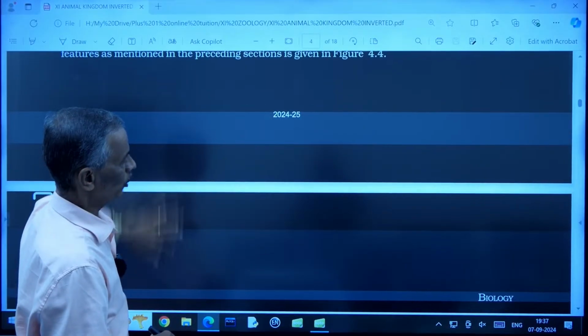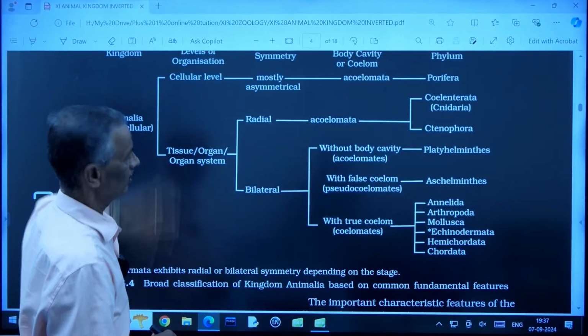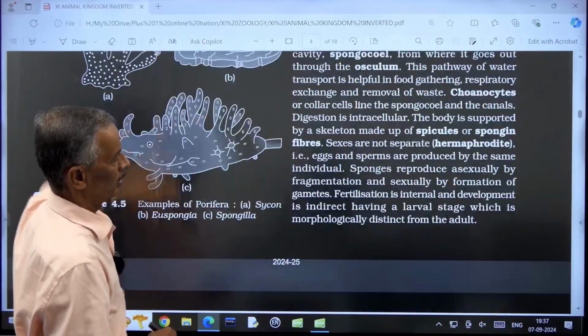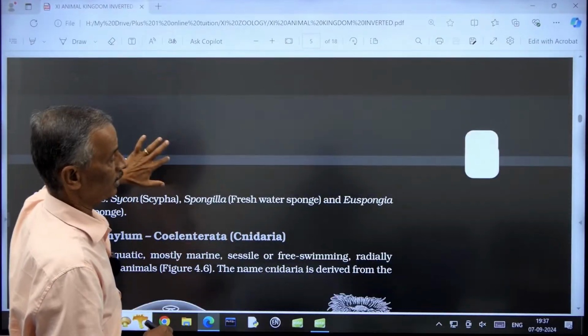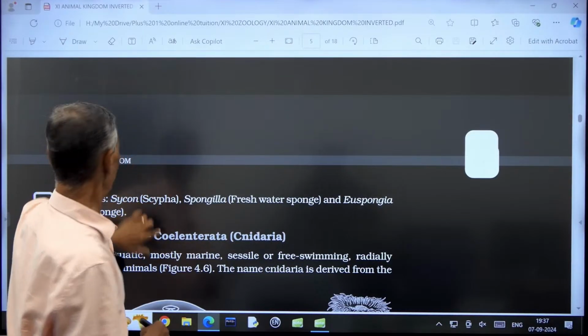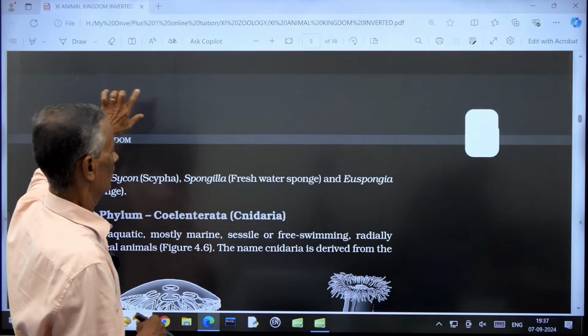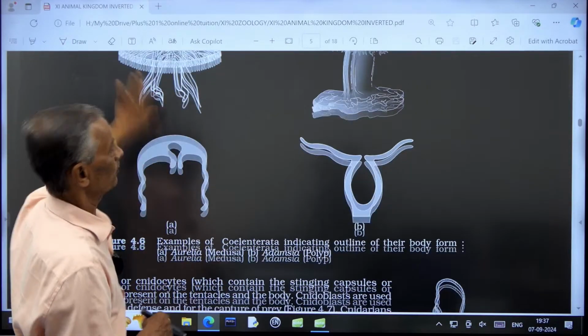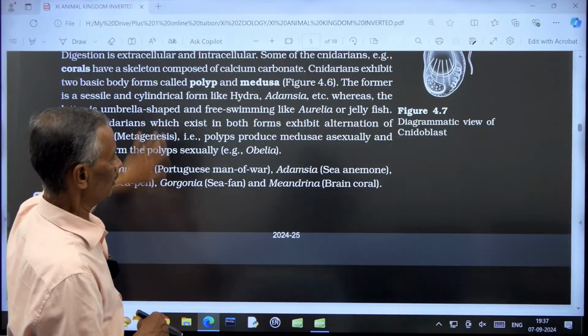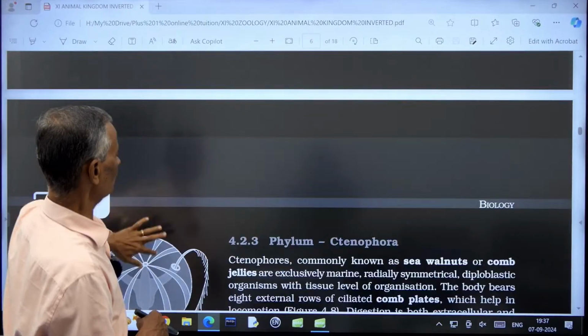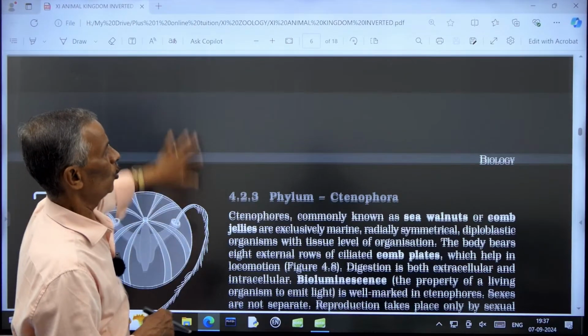So, we are going to the second phylum, which is coming under Radiata. First phylum is Cnidaria or Coelenterata, and second one is Ctenophora.